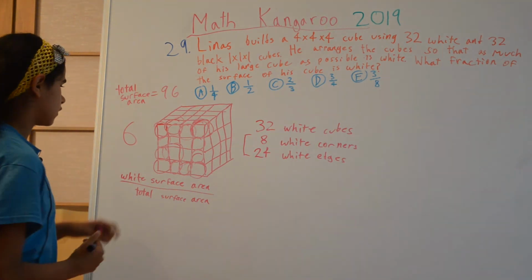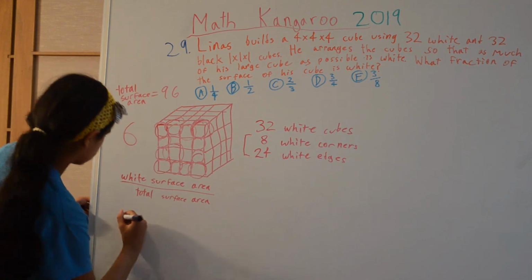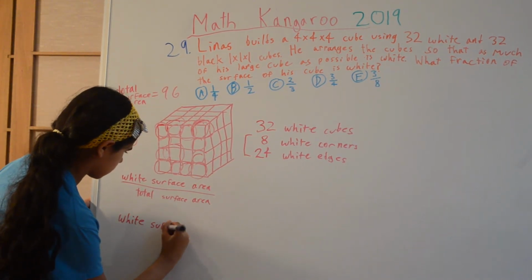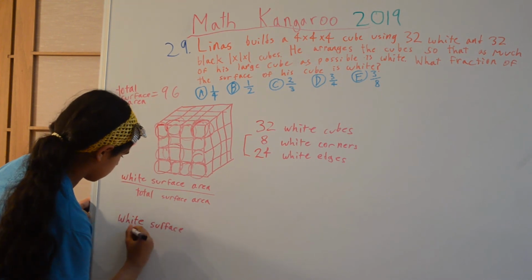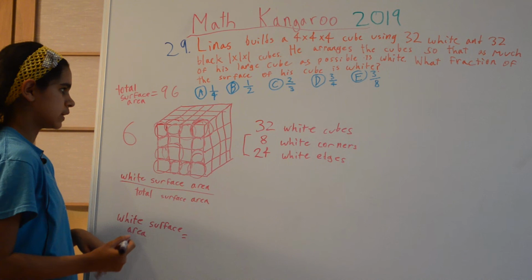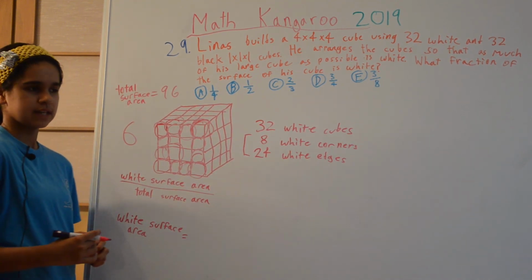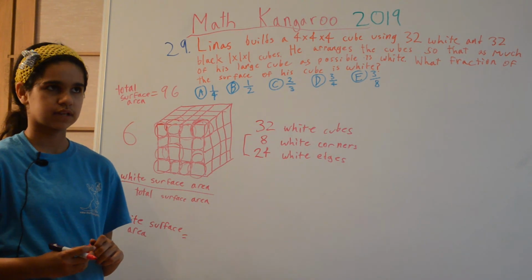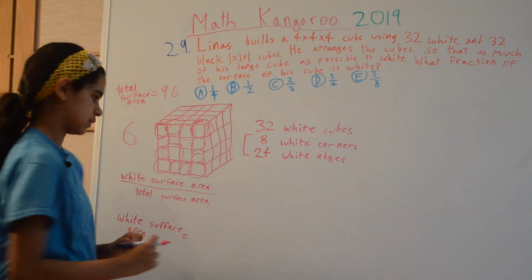So the white surface area is going to be equal to 12 times 6, and 12 times 6 is equal to 72.